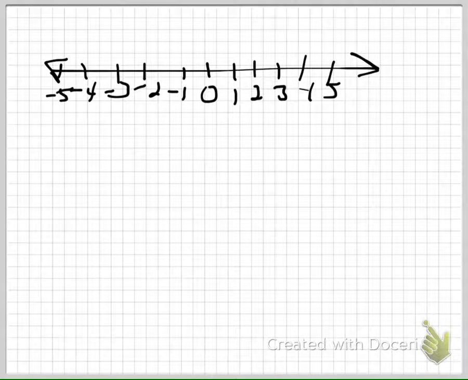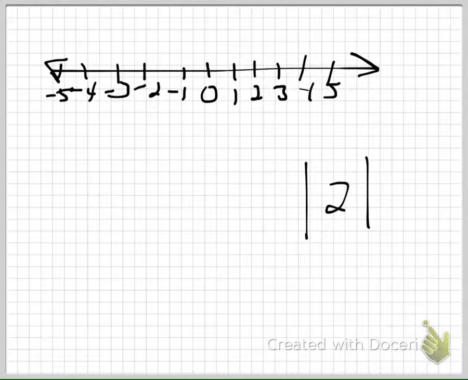And I was to ask you the absolute value of 2. Here is 2 right here. I'm asking you how far from 0 is 2? What's the absolute value of 2? It's 2, right? 2 is 2 away from 0. So the answer to the absolute value of 2 is in fact 2.